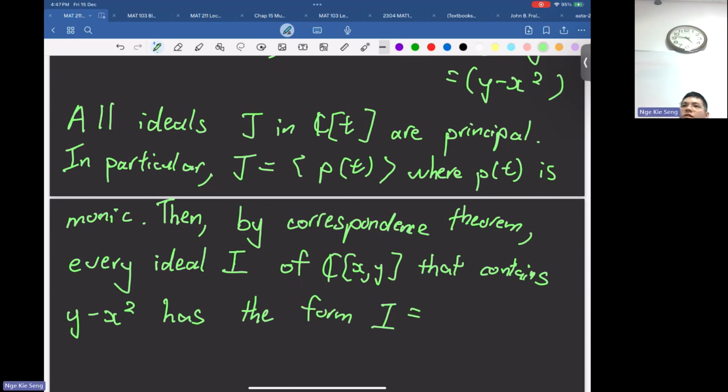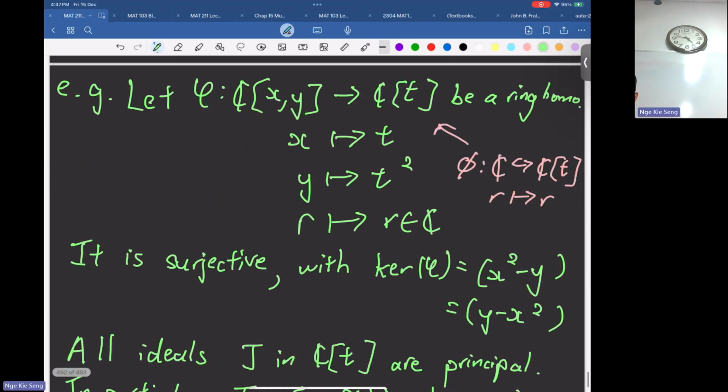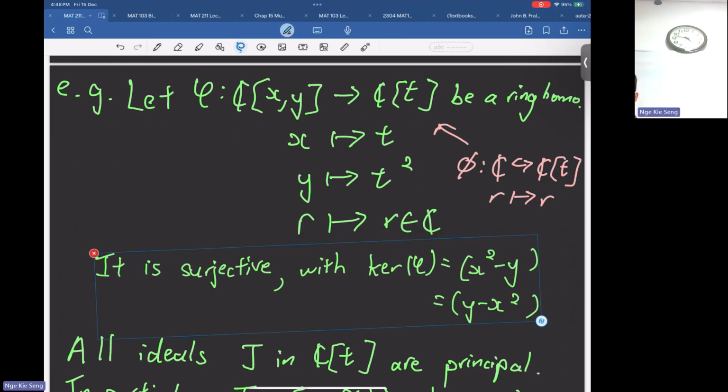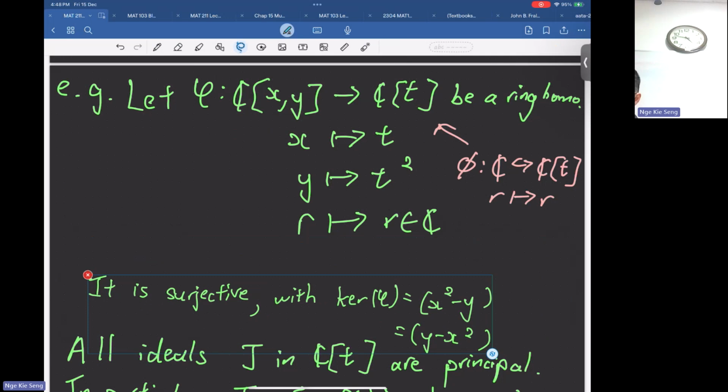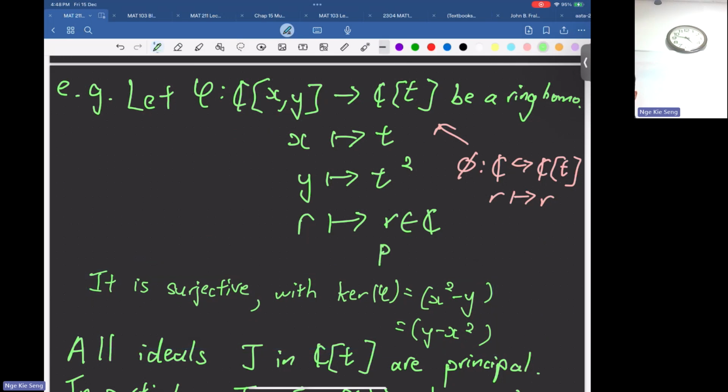So just now we said that if I have an ideal in the codomain, I can take the inverse. What's the inverse of p(t)? I have a polynomial p(t) in the codomain.